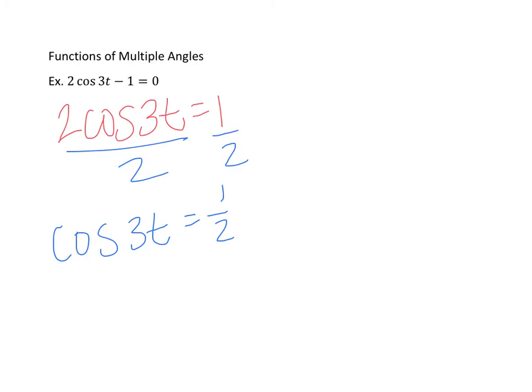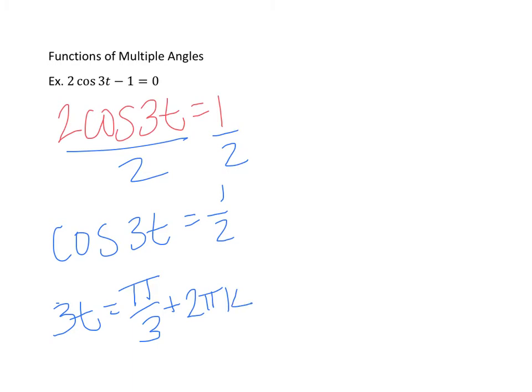Then we're going to solve where does cosine equal 1/2, and that's what we're going to set 3t equal to. Well, cosine equals 1/2. So when my adjacent side is 1/2, that'd be my short side. So that means I'm at pi over 3 plus 2 pi k.